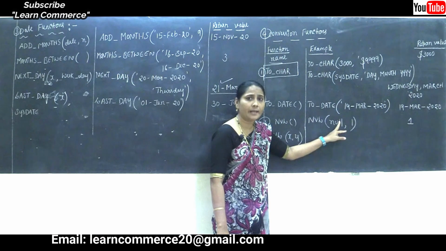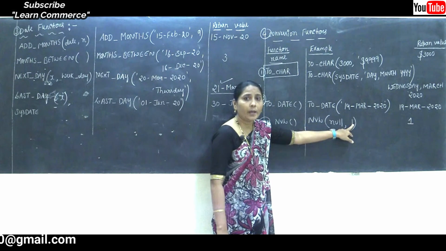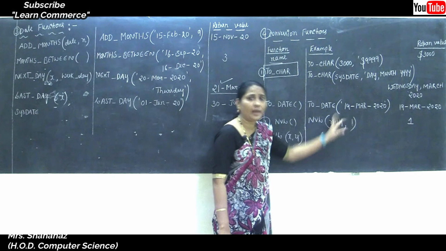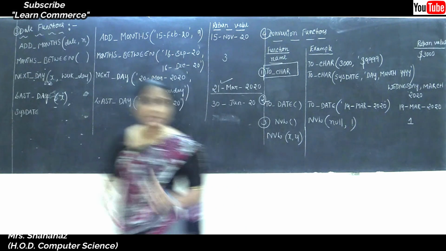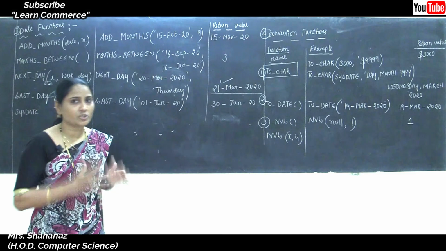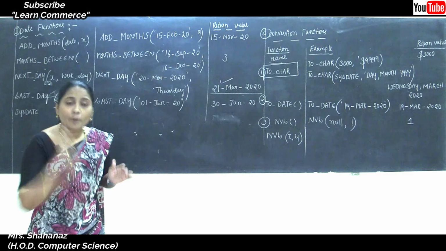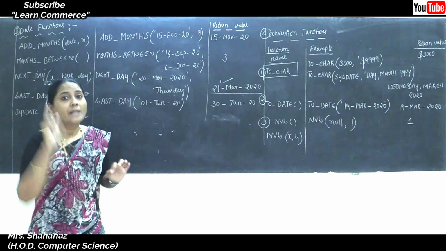If x is null, then it is replaced with y. Whatever value is there in y, we can replace it into the x value. But when is it possible to replace? When both x and y have the same data type.